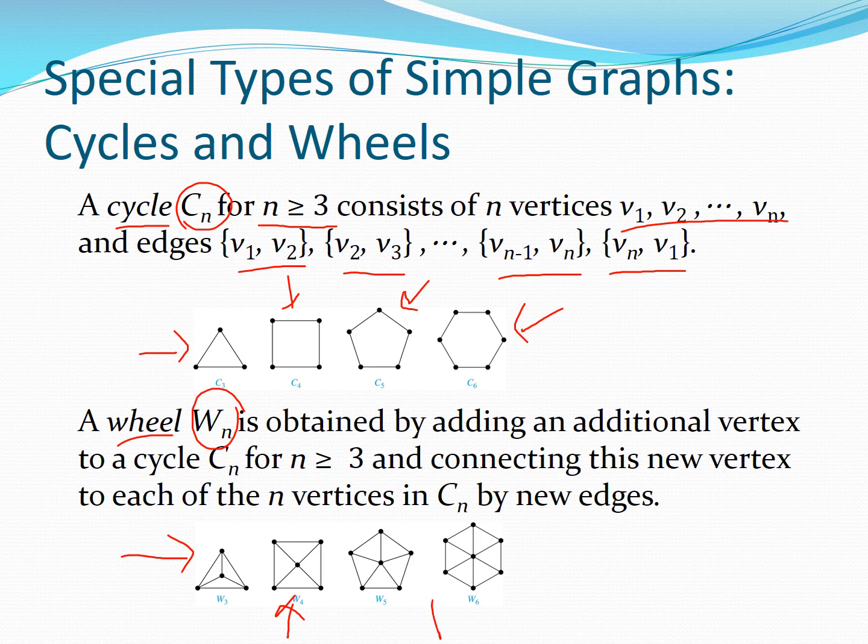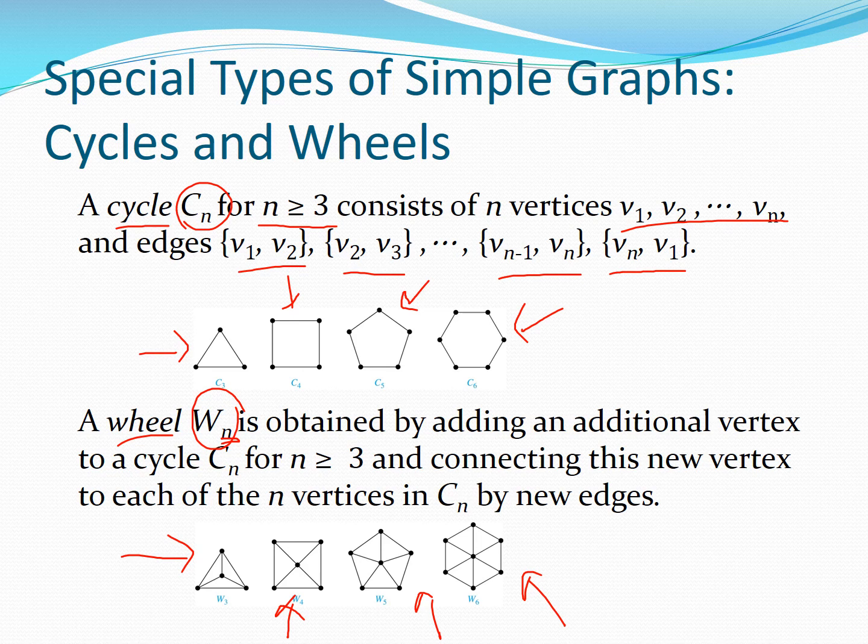Here is a wheel with 5 plus 1, and here is a wheel with 6 plus 1 vertices. Remember one thing though: in a wheel, the total number of vertices is not represented by n. The n here represents the total number of vertices minus 1.